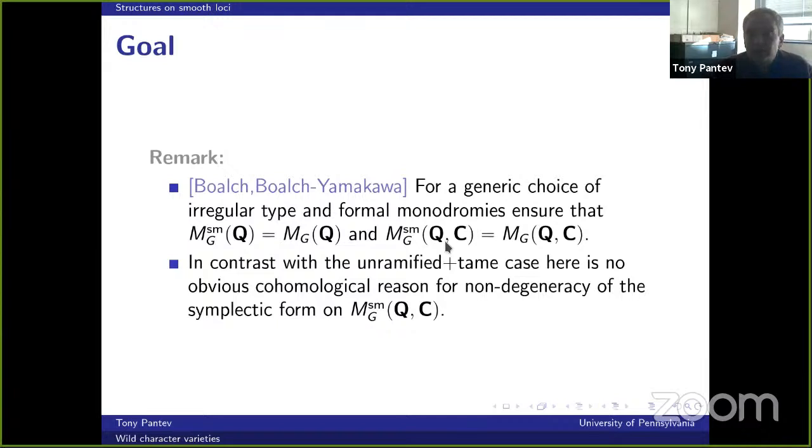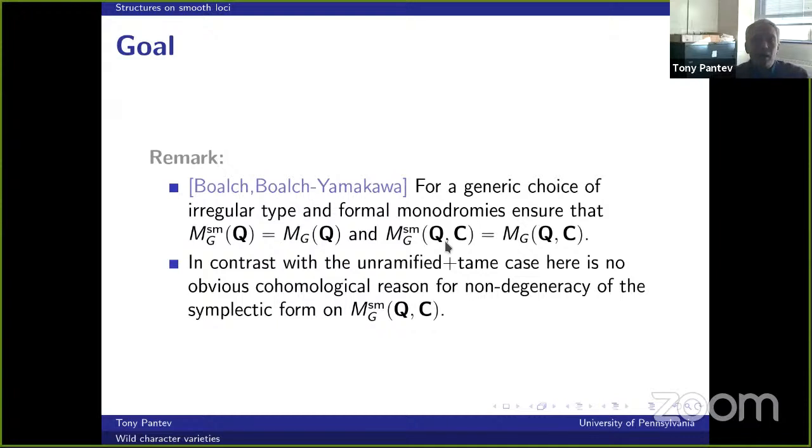The Goldman symplectic form on the unramified character variety is non-degenerate because of Poincaré duality with twisted coefficients on the surface. For tame character varieties, you can find a topological reason too: it's again Lefschetz duality on the surface with boundaries with twisted coefficients. But for the wild ones, there is no obvious deformation theoretic or cohomological reason, which makes it hard to say what happens at the singularities.